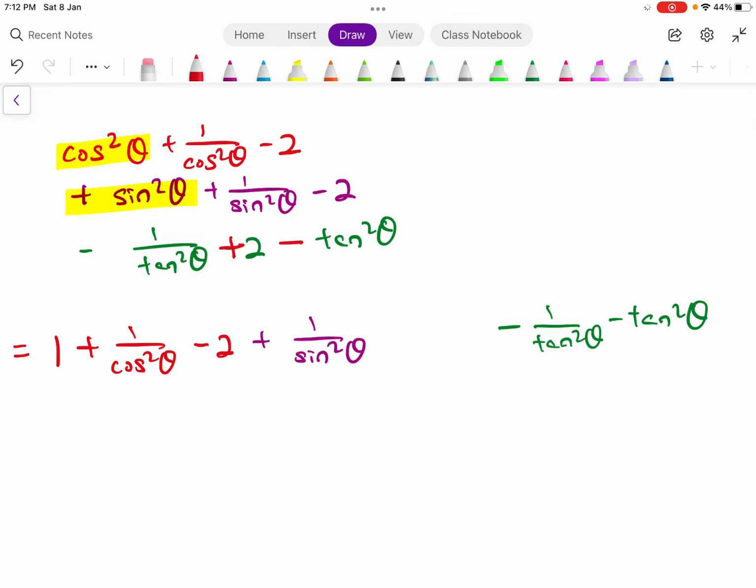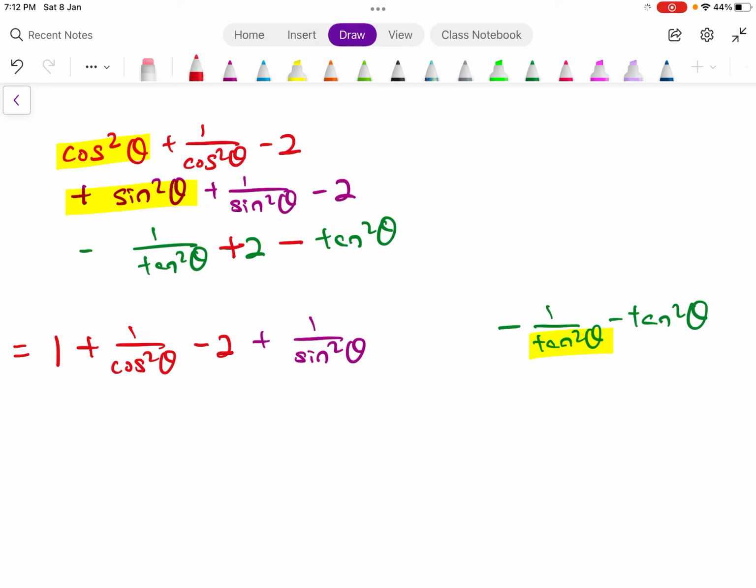Let's manipulate a bit first. You notice I have 1 over cosine square theta, 1 over sine square theta, and 1 over tangent square theta. Let's change this tangent square theta in terms of cosine and sine. If you still remember, tangent theta is equal to sine over cosine.